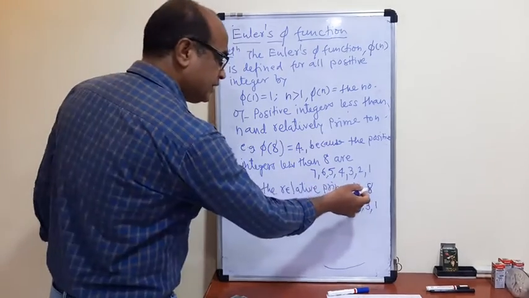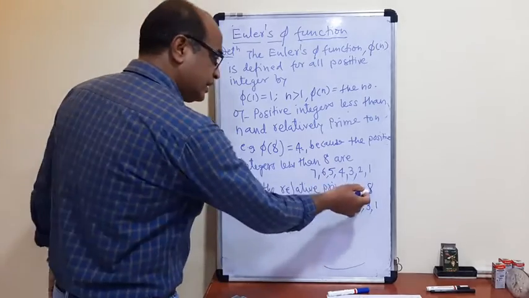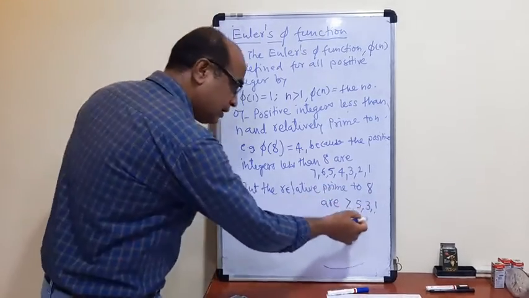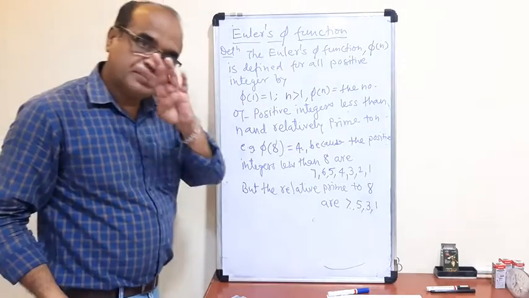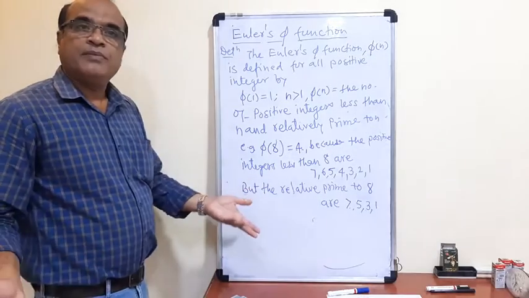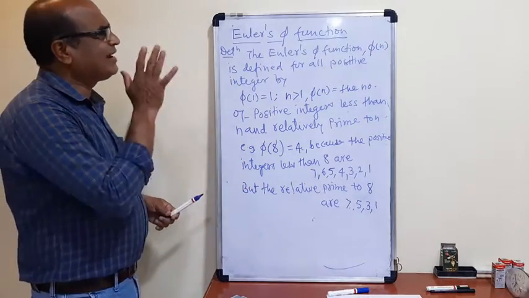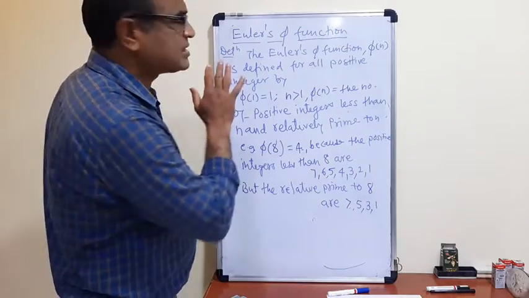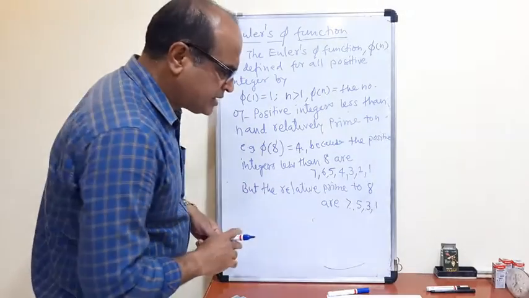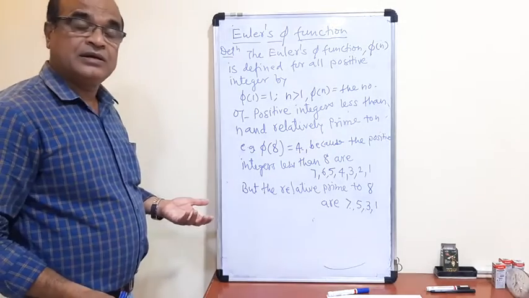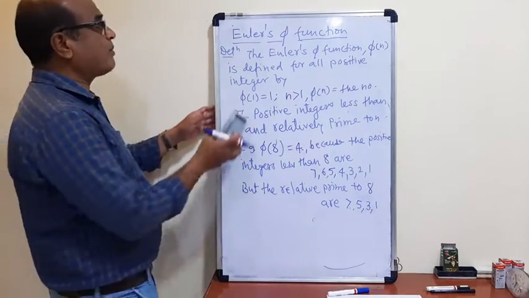So 8 is relatively prime to 7, 5, 3 and 1. How many integers are there? That is 4. So phi of 8 is equal to 4. This is the very simple definition of Euler's phi function.